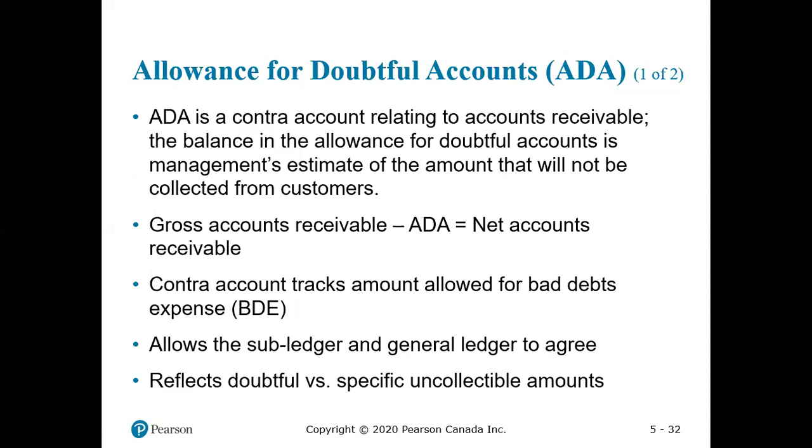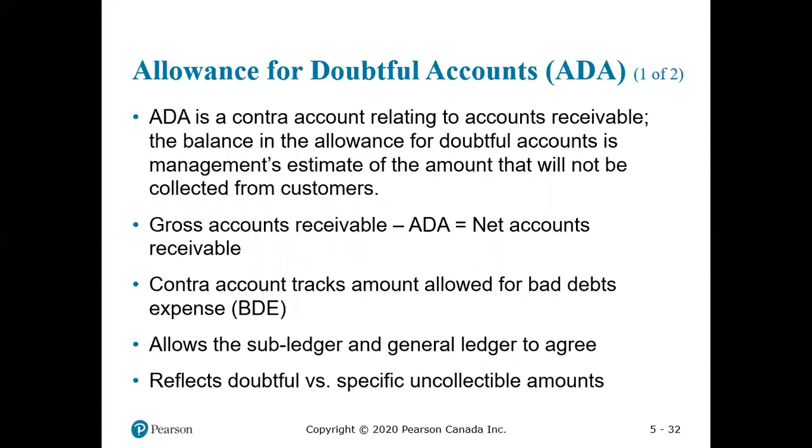The balance in the allowance is management's estimate of what will not be collected from customers that is included in accounts receivable. The gross accounts receivable amount minus the allowance for doubtful accounts amount equals net accounts receivable. The net amount is what shows up on the balance sheet, but the amount of AFDA would have to be disclosed in the notes to the financial statements somewhere.